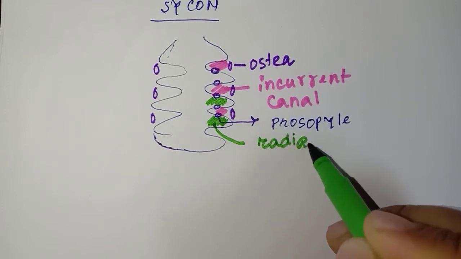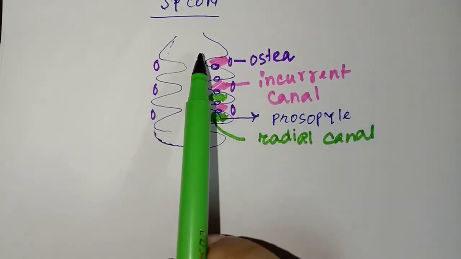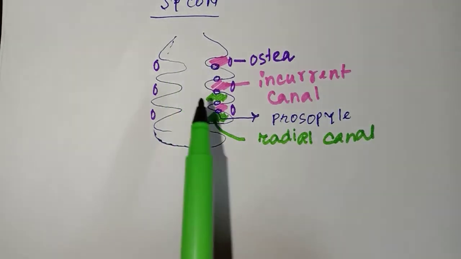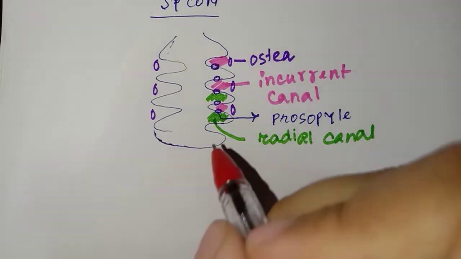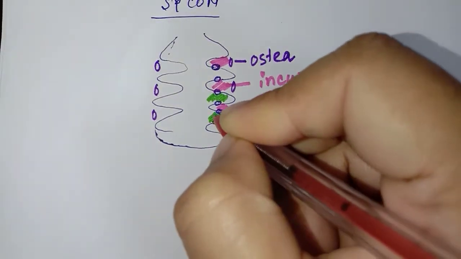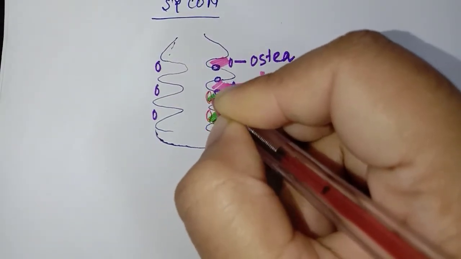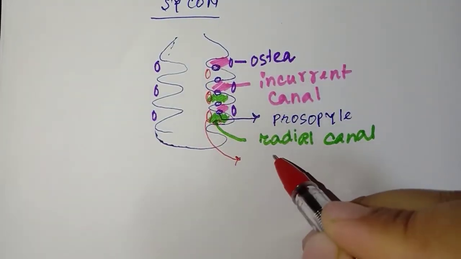This is called the radial canal. So from this radial canal, now water will enter into that cavity. How will this water enter into this spongiocele? There is another opening present. What is that called? This is known as the apopyle.